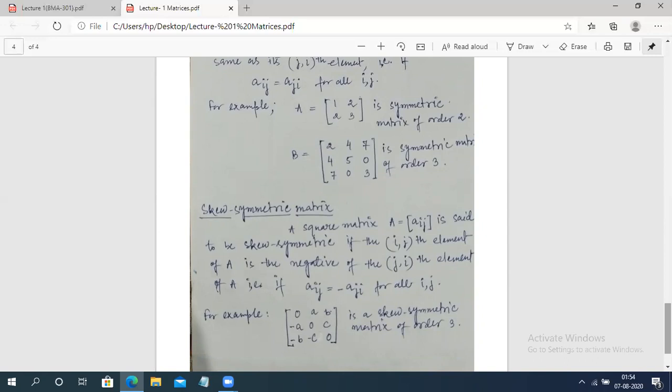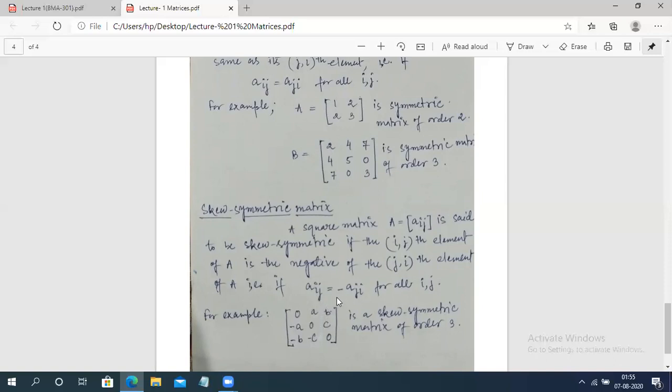That means principal diagonal elements के corresponding हमारे जो एक एलिमेंट्स होंगे वो उसके रिफ्लेक्टेड इमेज होगा, लेकिन विथ नेगेटिव साइन। जैसे ये 0 0 0 है, इसके एलिमेंट्स इधर क्या है, A B C है, और इस साइड पे क्या है, -A -B -C। या फिर इसको ऐसे कह लीजिए A12 is A, A21 is -A, A13 is B, A31 is -B, A23 is C, A32 is -C.